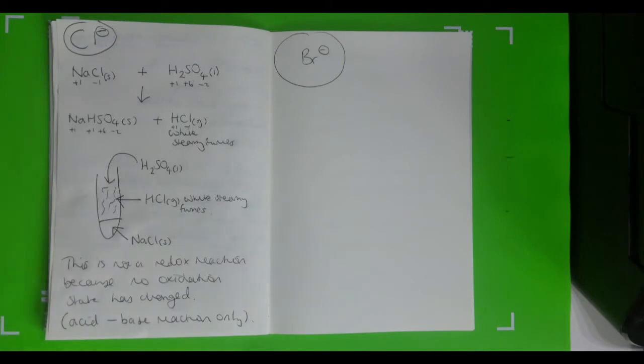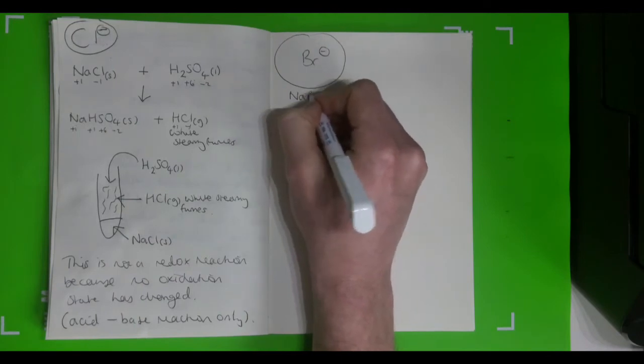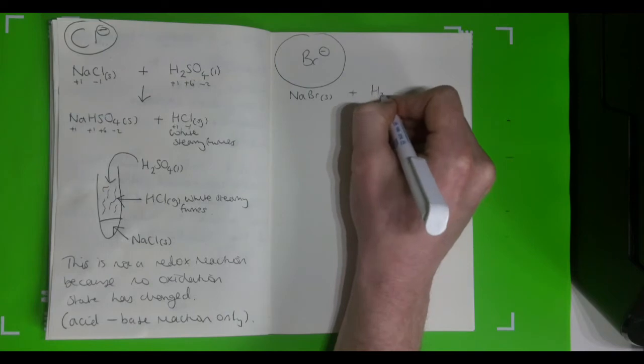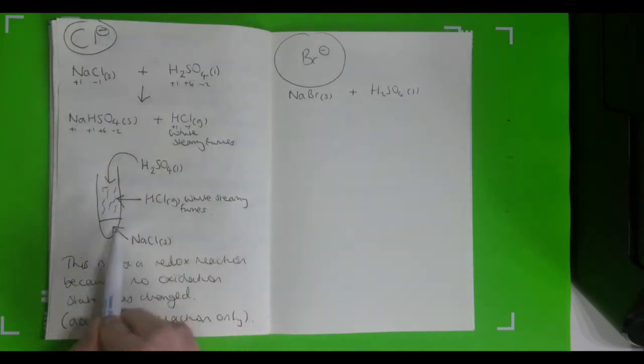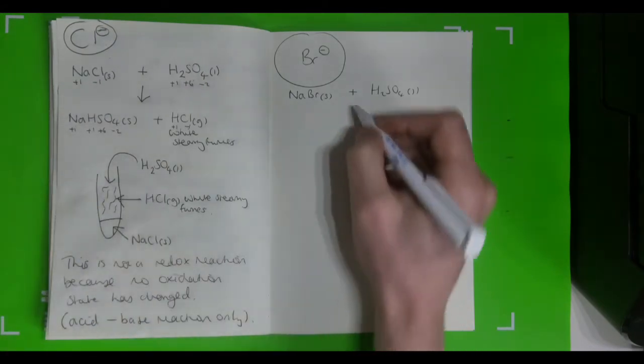But actually, there's a couple of reactions that bromide does. This time I'm going to use sodium bromide, solid, and react that with concentrated sulfuric acid. So again, I'll just put some sodium bromide solid in there and then pour in some concentrated sulfuric acid.